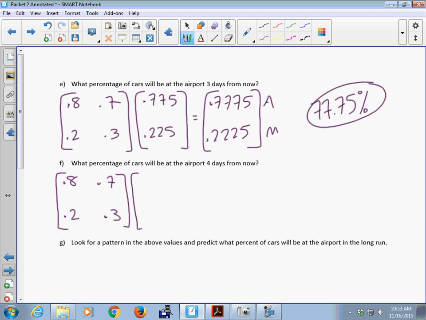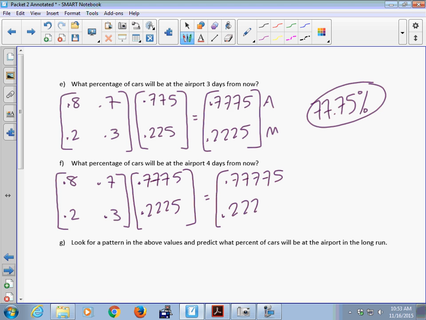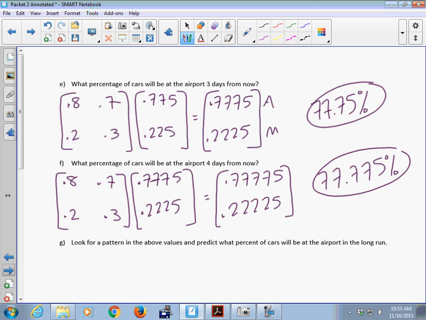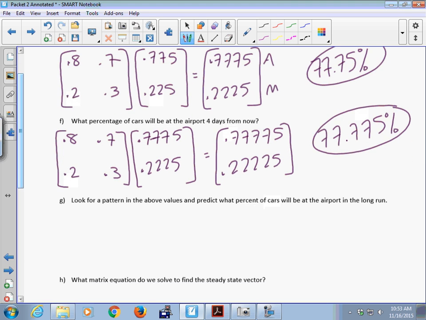All right, and then we multiply by our previous state vector, 0.7775, 0.2225, and you get 0.77775, 0.22225. So 77.775% of cars are at the airport. Yeah, so it looks like it is approaching 77.7 repeating percent.